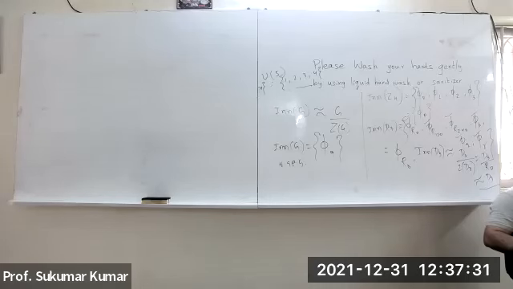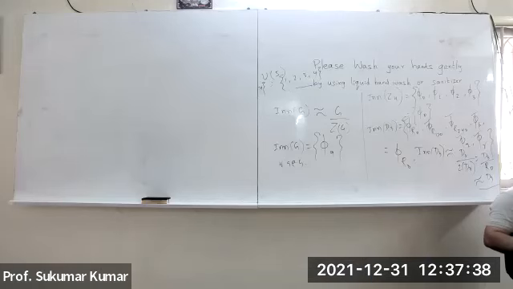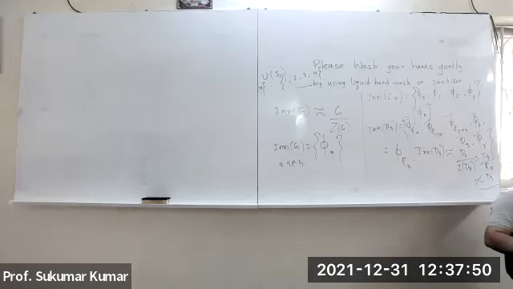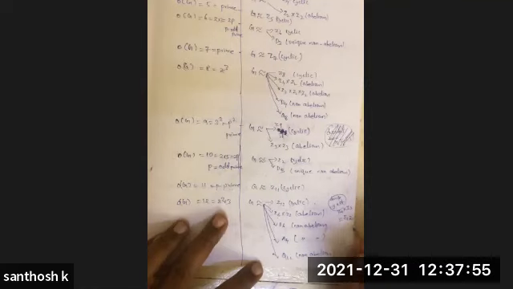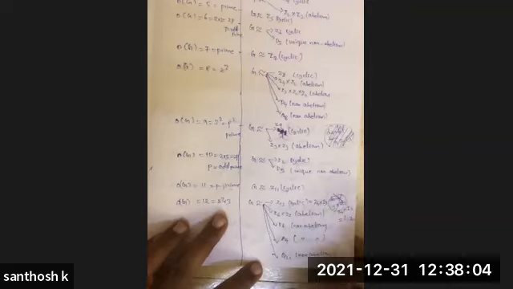The GCD of 4 and 3 is 1, so Z4 cross Z3 is isomorphic with Z12. Both are the same, so either Z12 or Z4 cross Z3, anyone can write. Already Z12 is written; there itself you can write isomorphic to Z4 cross Z3.